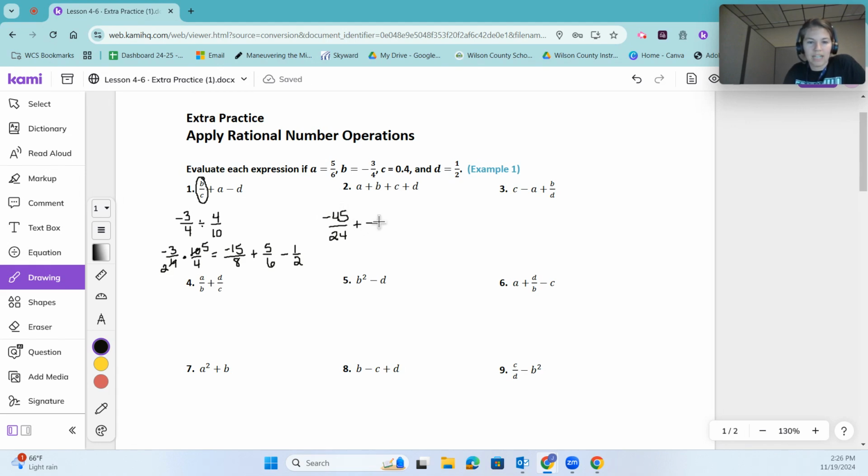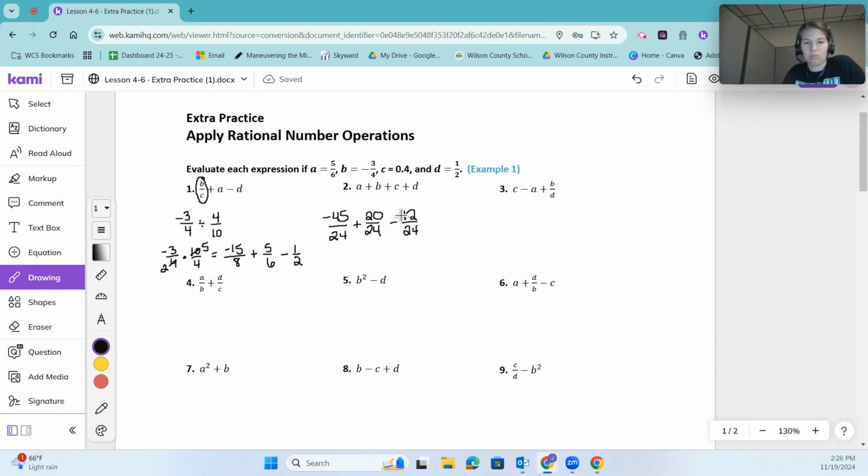Plus 5/6. 6 times 4 is 24, so we multiply by 4 on the top. 5 times 4 is 20, and that stays positive. And minus 1/2. 2 times 12 is 24, so 12 times 1 is 12.